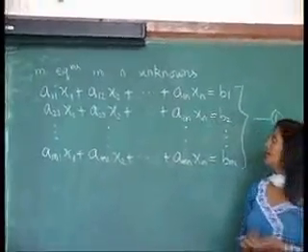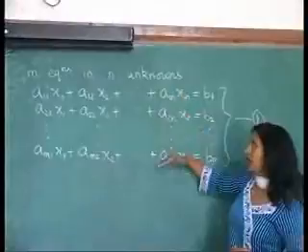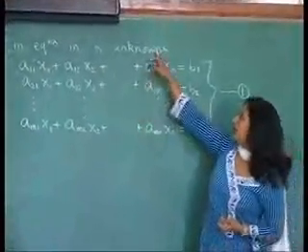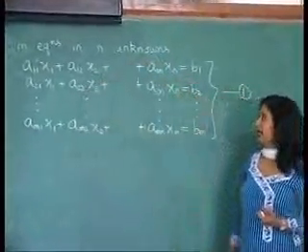So in this system we have m equations and the unknowns are x1, x2, ..., xn.